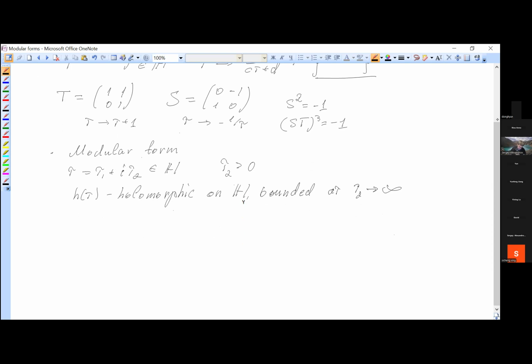This is one condition, and the most important condition is that it must properly transform under the SL(2,Z) modular group.